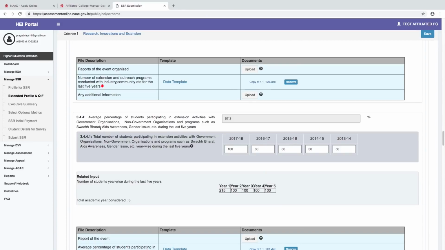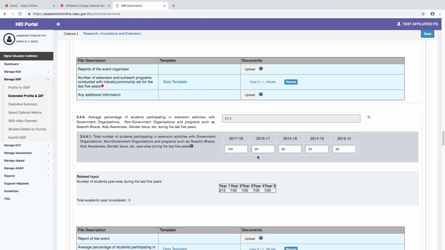3.4.4, for example, is a metric that talks about the total number of students participating in extension activities with government organizations, non-government organizations and programs such as Swachh Bharat, AIDS awareness, gender issues, etc., year-wise during the last 5 years. Here the input of the institution is, in the year 2017-18, 100 students participated, 2016-17, 80, 2015-16, 80, 14-15, 30, and 13-14, 50.